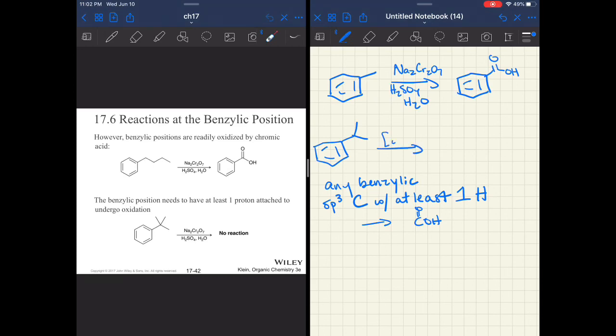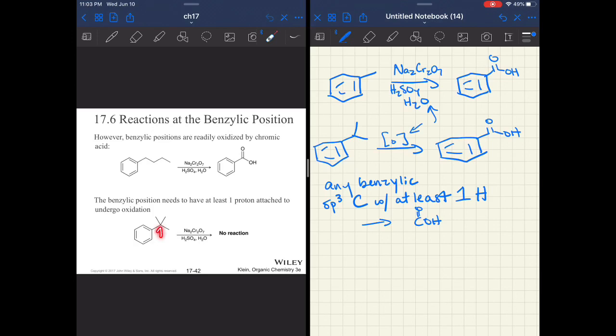We'll put those strong oxidizing agents here. Now, this is just my shorthand for strong oxidant. This would be the reagent that you want to commit to memory. Right? The isopropyl group has one H, so it would be converted to benzoic acid. If you have something like tert-butyl benzene, this will not react.